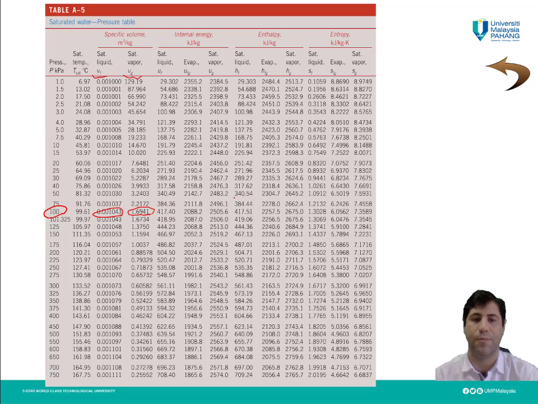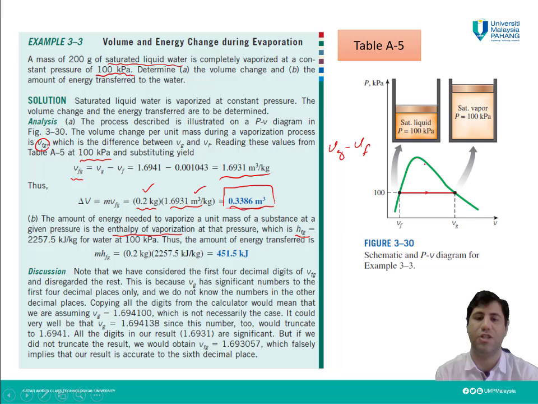Let's go to the enthalpy hfg and hg. So simply you can see here we have hfg, or enthalpy of vaporization. So we found the hfg here in table A5, and then by substitution in this equation.